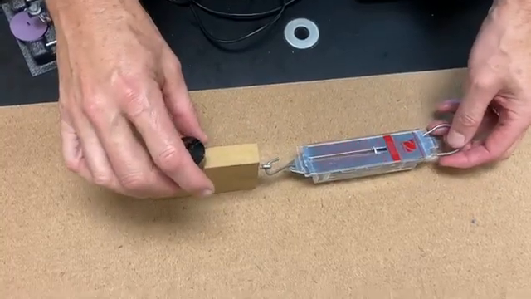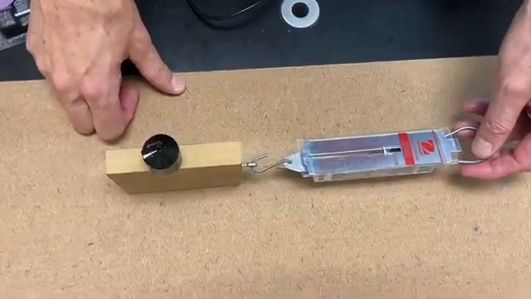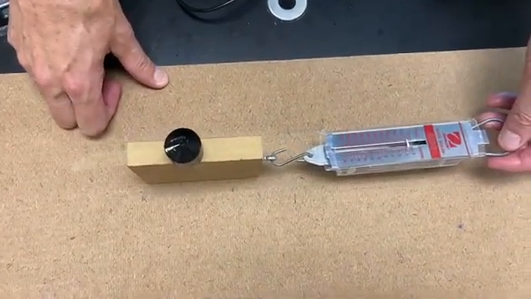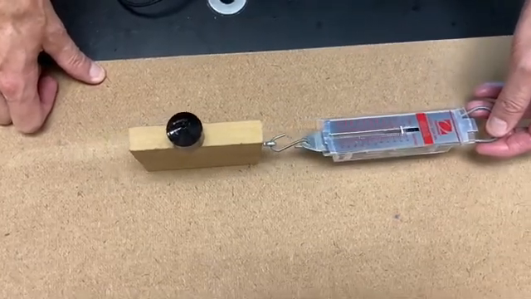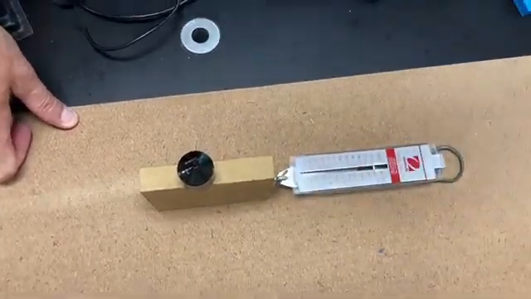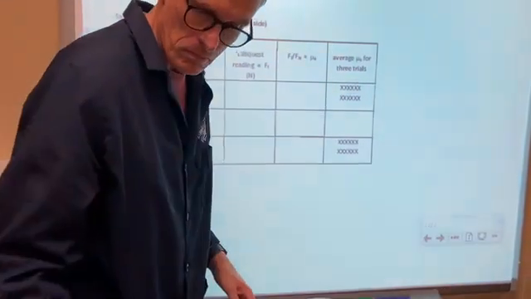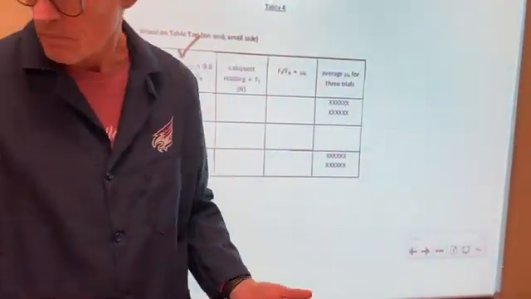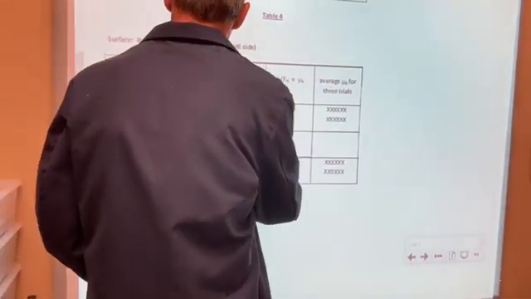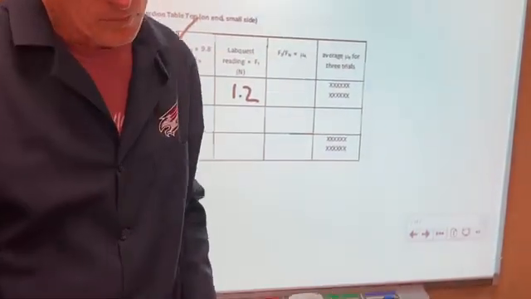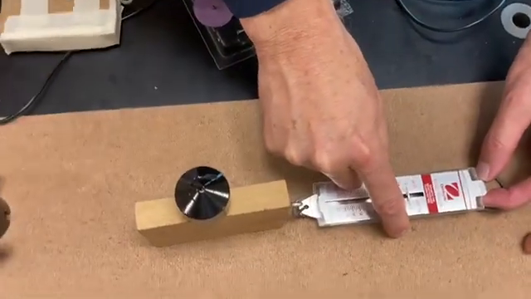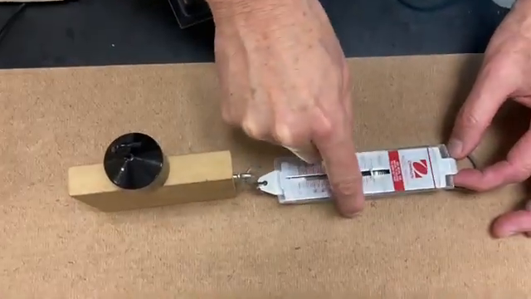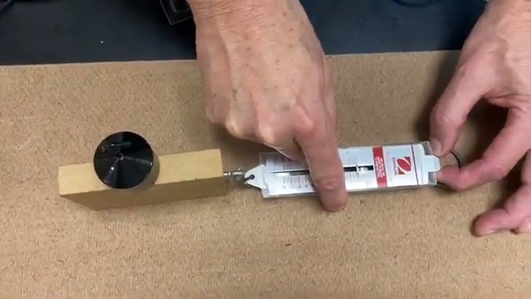So first we're going to go with the 100 gram weight. And that is about 1.2. Now we're going to try the 200. Let me recalibrate it. It's hard to calibrate this.